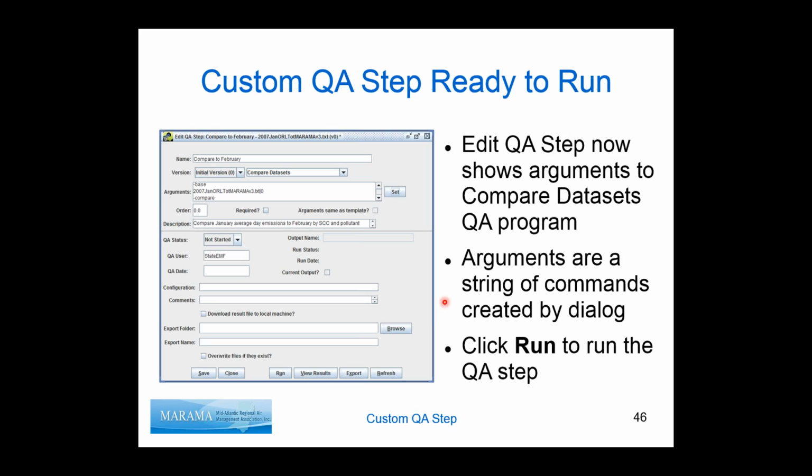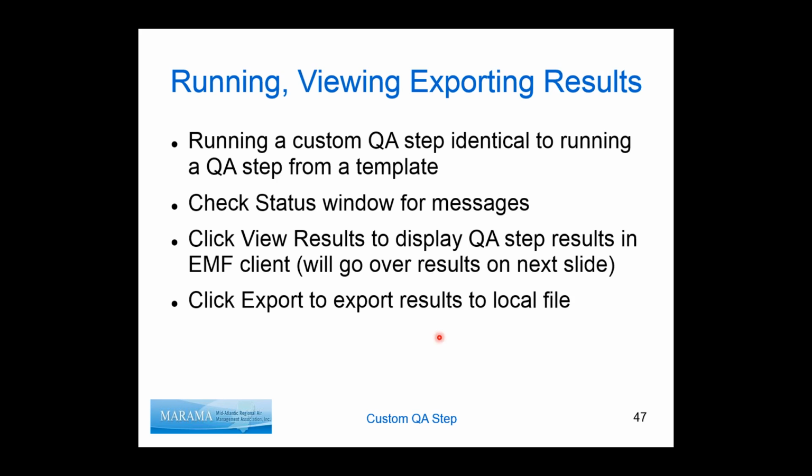At this point, this QA step is ready to run because we've set all of our arguments up. Running a custom QA step is identical to running the step from the template. It works exactly the same way. You're going to start the run. It's going to run on the EMF server. You check the status window. You can export your results exactly the same way, view the results exactly the same way.